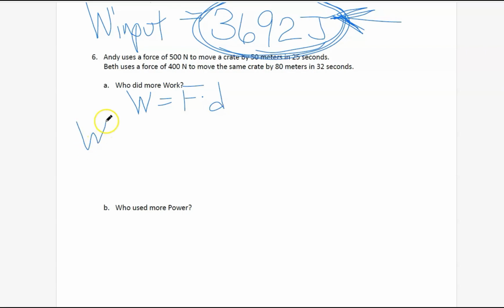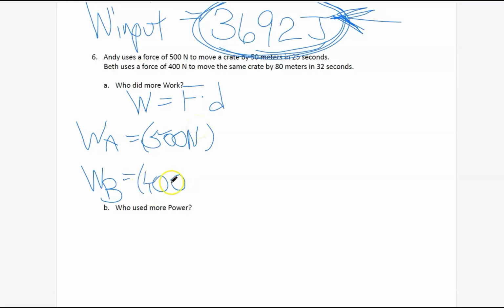So the work for Andy and the work for Beth can be calculated by taking each of their forces, 500 newtons for Andy, 400 newtons for Beth, that's the force they're going to use, times 50 meters for Andy, and 80 meters for Beth.